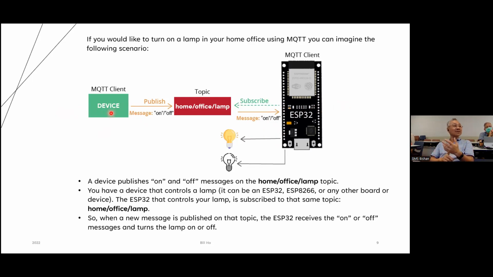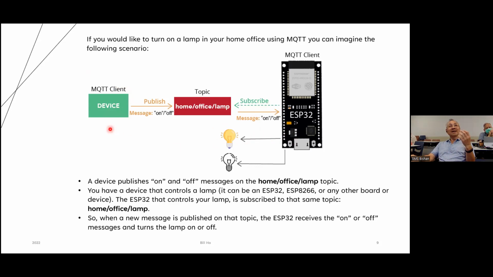So on your handphone you say, I want to turn on this light in my office, so you send an "on" message to this topic. Then the client inside this lamp controller will receive this, because it subscribed to this topic. It receives this "on" message, then turns on the lamp.